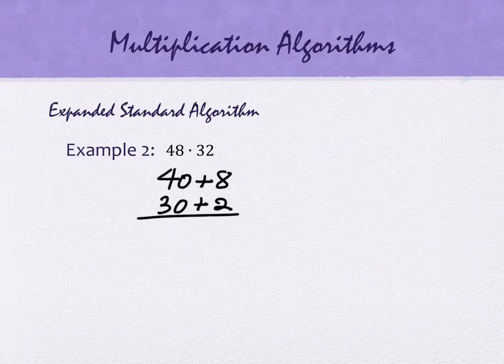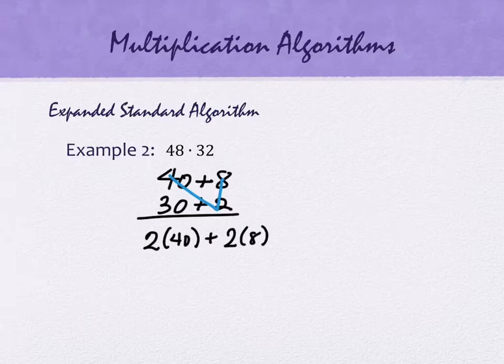And then what we're trying to do is we're trying to get every combination of multiplication. So the order doesn't really matter so much as long as you get them all. So here's two of them, 2 times 40 and 2 times 8. So I'm going to write those down. 2 times 40 plus 2 times 8. And then let me change colors to get the other two just to differentiate.